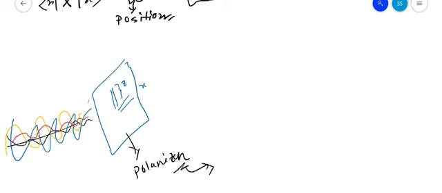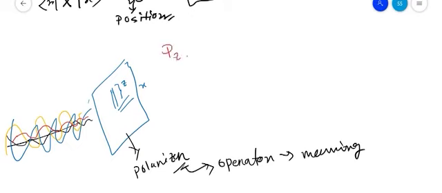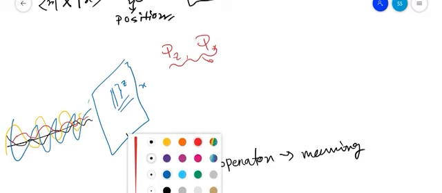This is something equivalent to an operator, which is equivalent to a measuring device. Let's say for this experiment, it's just a filtering device. And you can see that it will only let the lights which are polarized in the z-axis, that is p_z, and p_x, these polarized lights, pass.